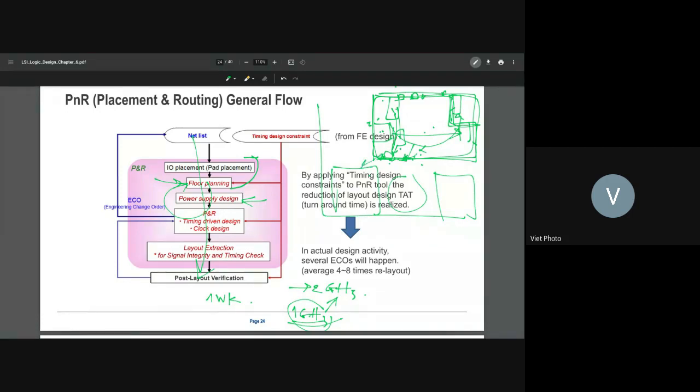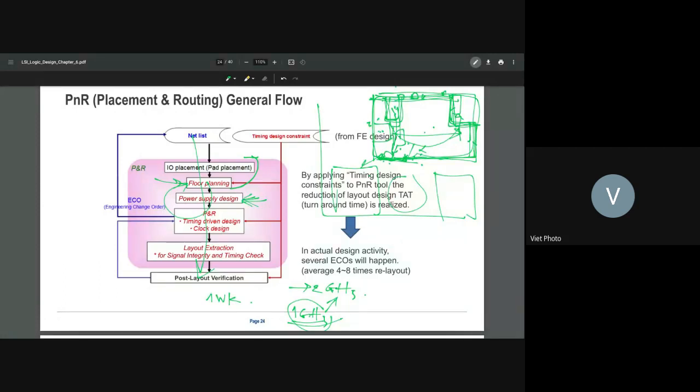After we define the IO, and once we agree on the shape, then we start to do the floor plan, which is the macro placement. After we have a shape, the IO locations, and the macro placement, then you start to build the power supply.